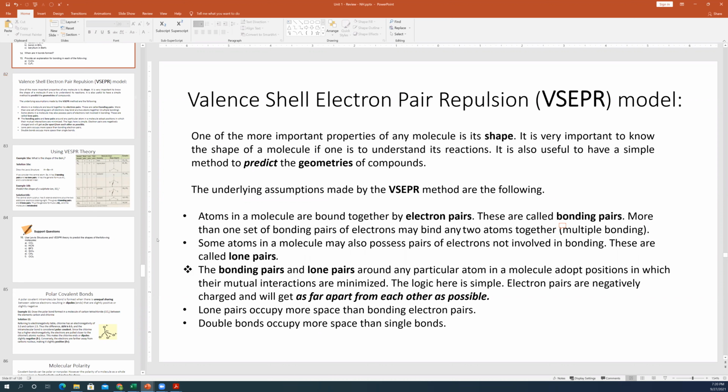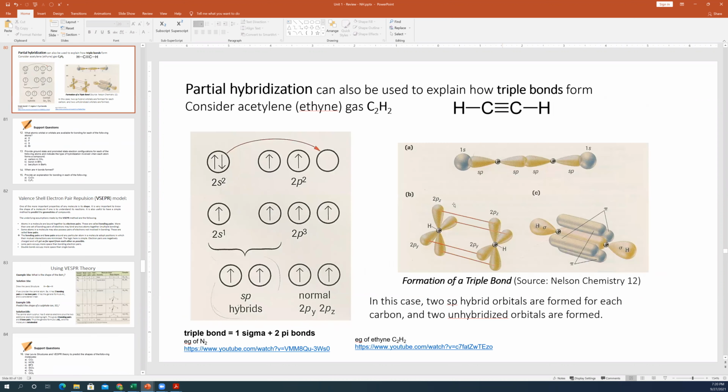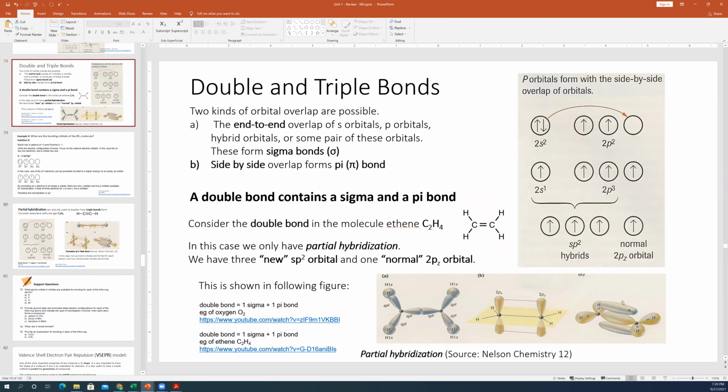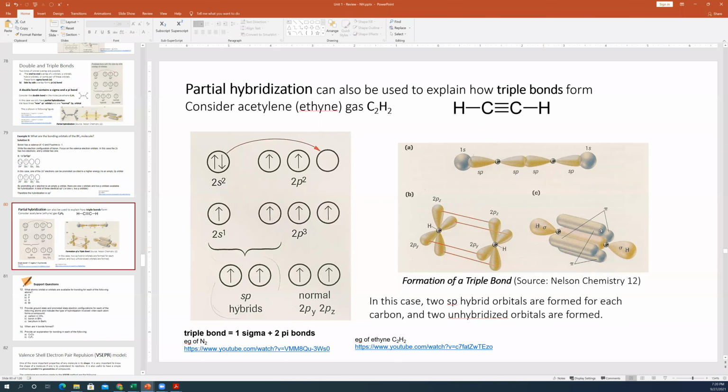A way to help remember that is that a double bond is composed of more orbitals: there's the sigma bond and the pi bond. So of course, a double bond is going to take up more space than a single bond. And by that same logic, a triple bond will occupy more space, because look how much space it's taking in this representation.